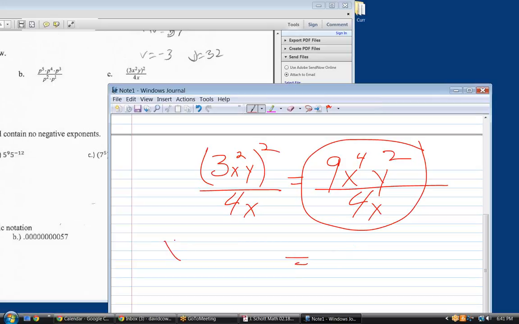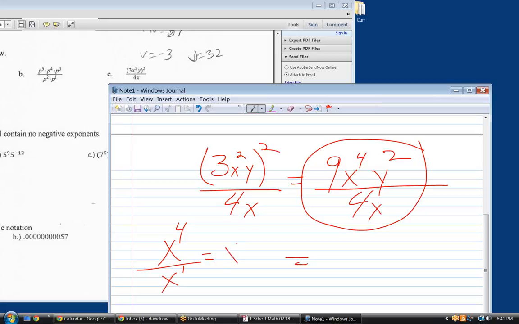What's x to the 4th over x equal to? I don't know. What's the exponent on this lower half x? 1. Now what's it equal to? X to the 4th. We're dividing. What are we going to do with the exponents? Subtract. Yep.